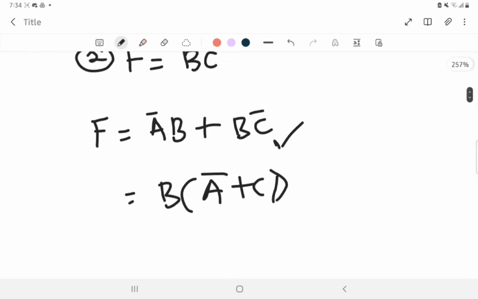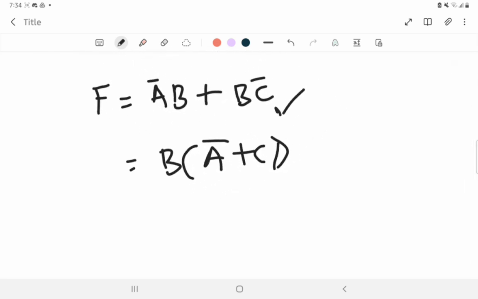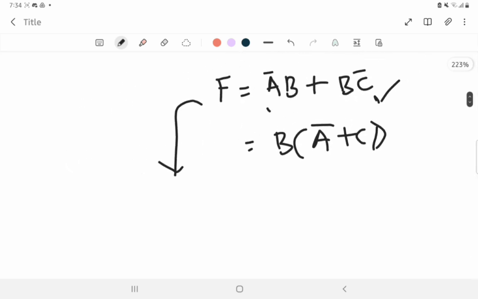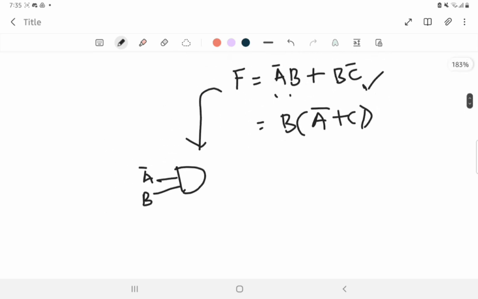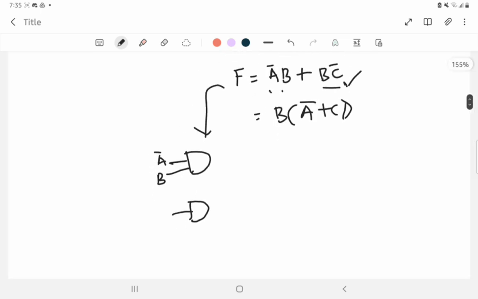But their graphic symbols will be different. If this one, you can do like this. AB is a product, right? That means both must be true. So AND. Like I told you, we have to memorize these graphical symbols. And this is A not, B. And another one is also AND, so B and C not.